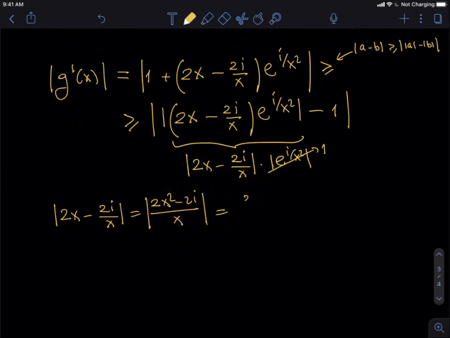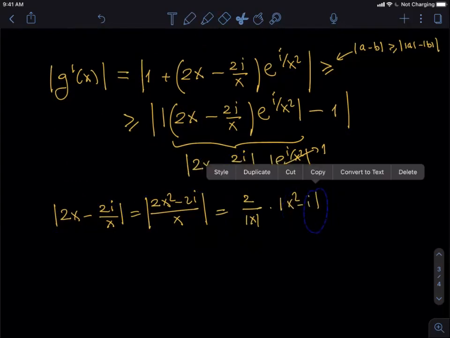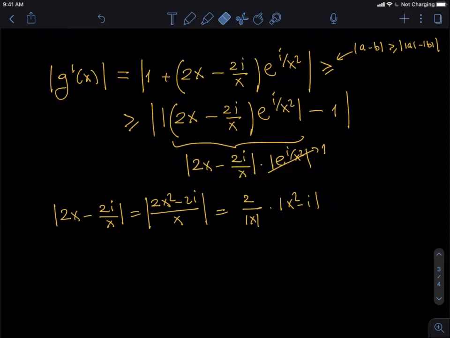Okay, so this is 2 divided by the modulus of x times the modulus of x squared minus I. And the 2's are already out, so these have to go. Because x is in (0, 1), actually I can remove the absolute value.